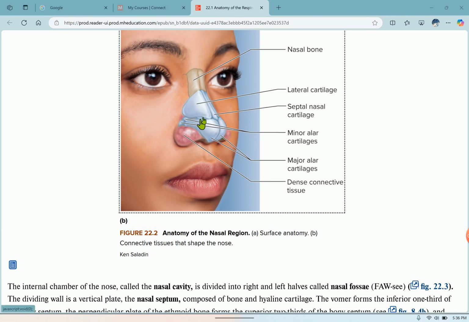The nose is made of cartilage. And then once you get past the cartilage, you're going to expose the bony part. The vomer bone that's inside, the nasal bone, and the concha, which are bony projections out of the inside of the nose.